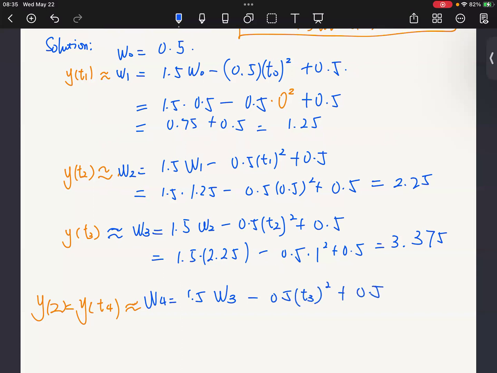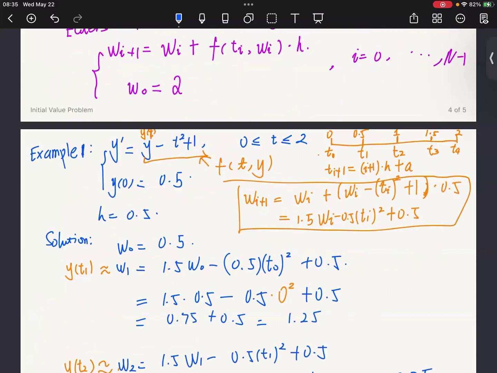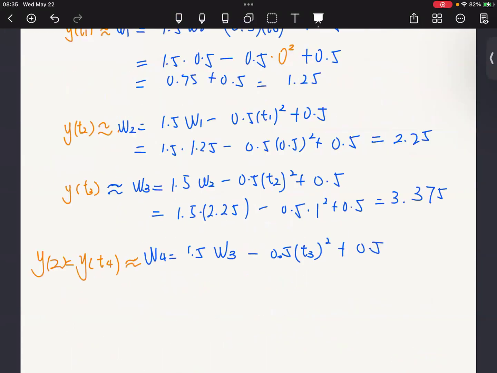For T3, it's just the point 1.5. So W3 is 3.375, minus 0.5 times 1.5 squared, and then plus 0.5. At the end of the day, you use your calculator and you get this number, 4.4375.